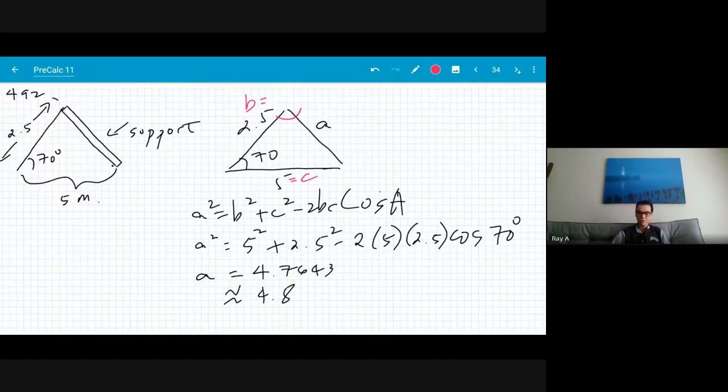It's where the support is connected to the retaining wall, and to be able to do that, we can already use the sine law, right?